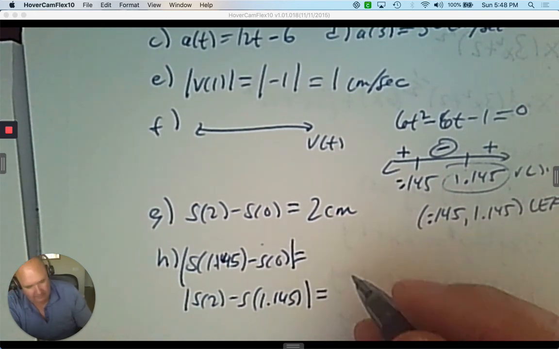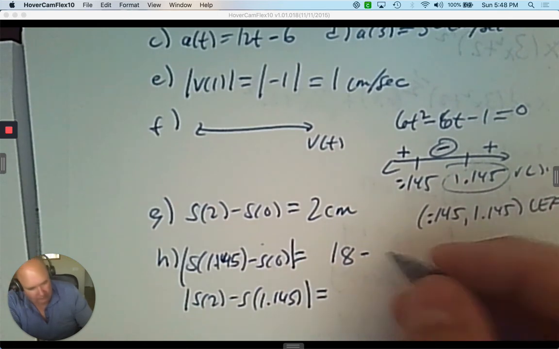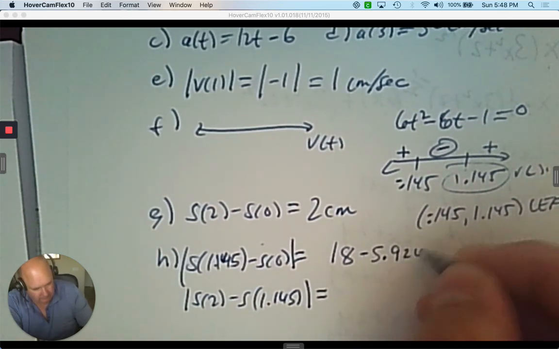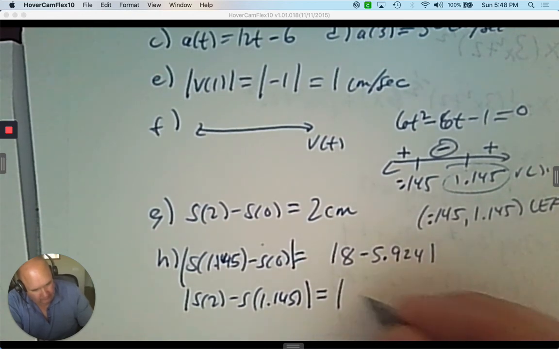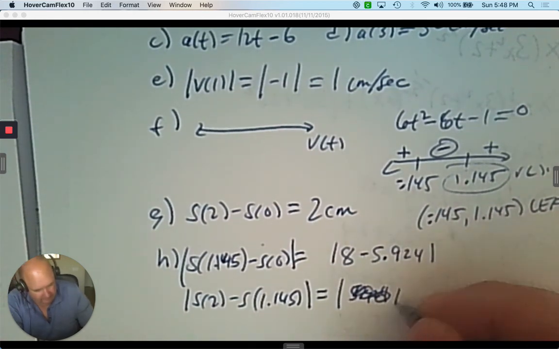So the first part would give you the answer, this up here is 8. Here is 5.924. This is 5.924. At 2, what is it, 10?